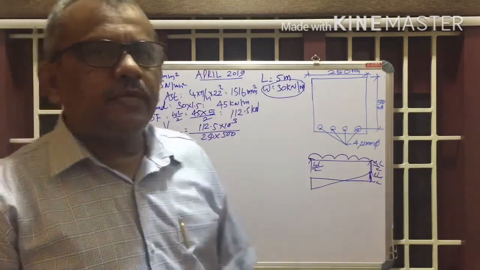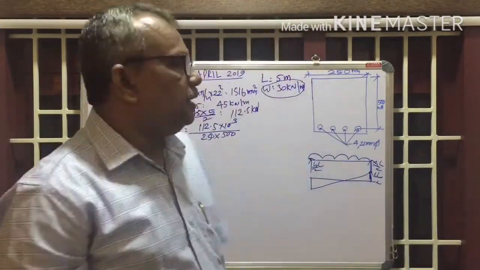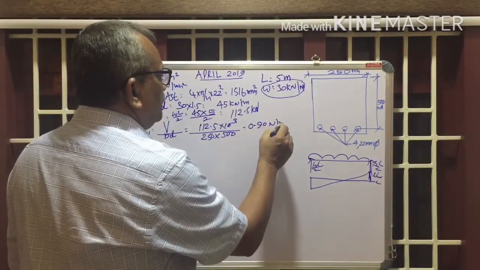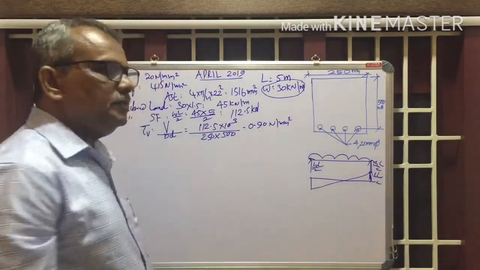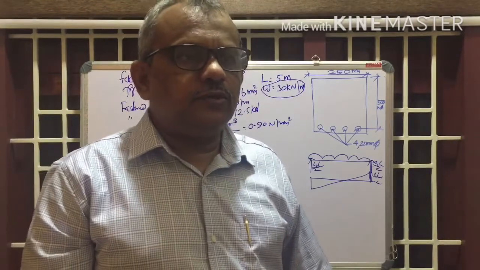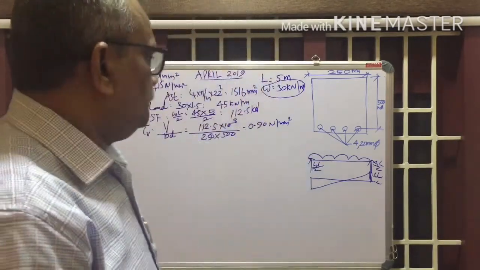So the nominal shear stress tau V is equal to 0.9 Newton per mm squared.